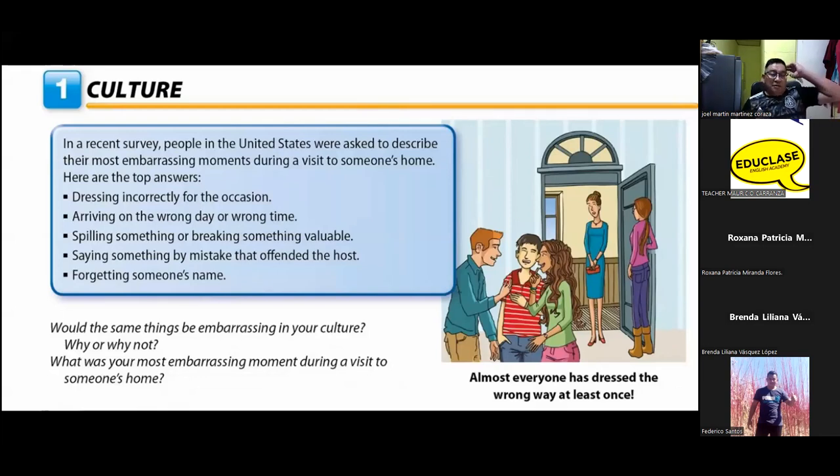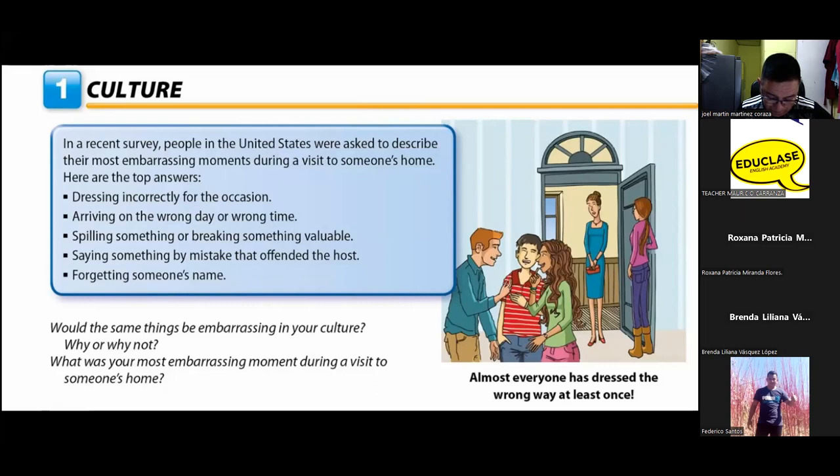Well, for me, we can apply the arriving on the wrong day or a wrong time in my country and our culture, because sometimes it can happen.